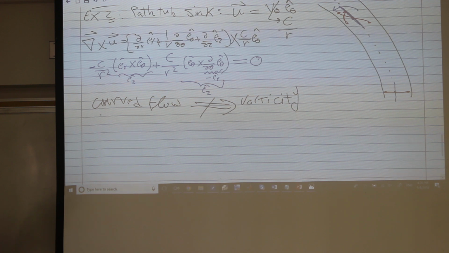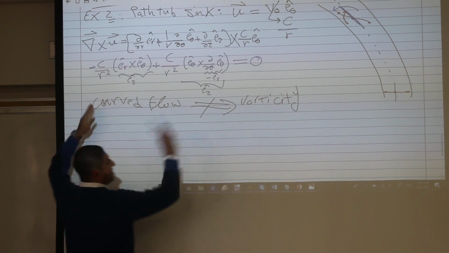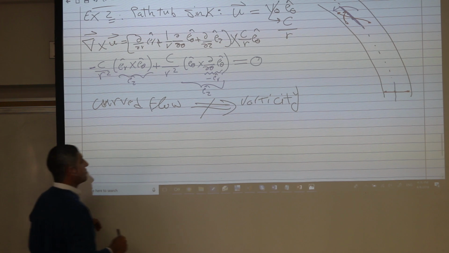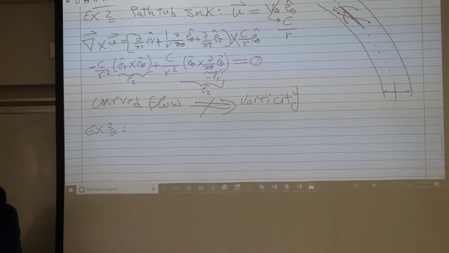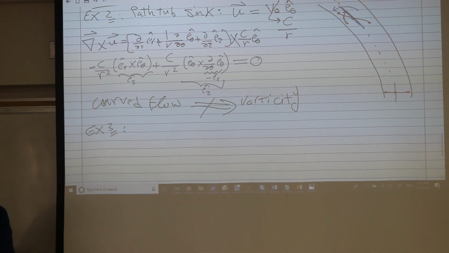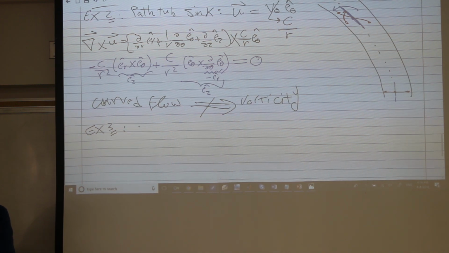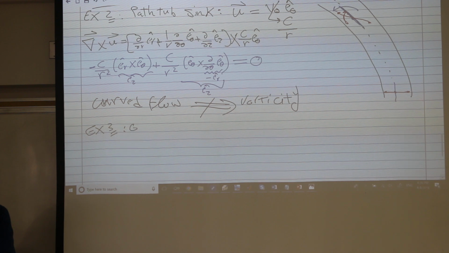Okay, so we'll take the other extreme. What about the other way around? Does vorticity imply necessarily curved flow? Let's see. The third example is maybe boundary layer or velocity gradient.